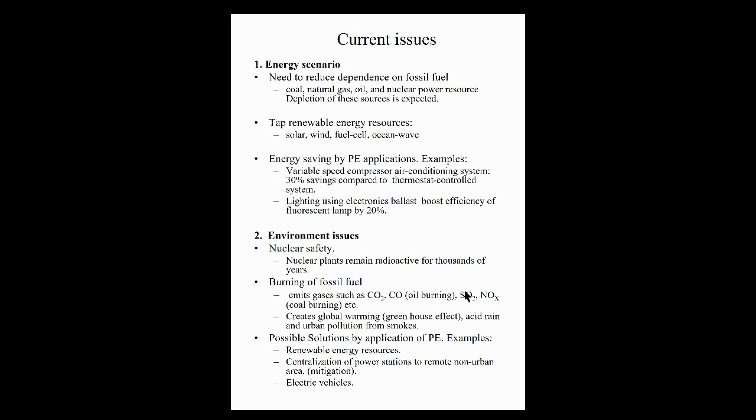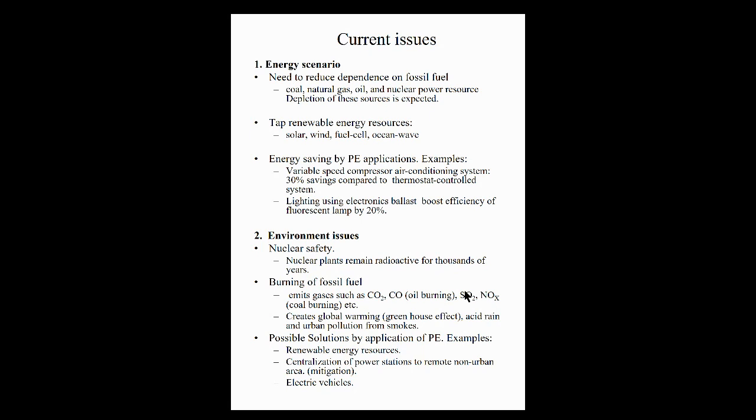With power electronics, you can actually realize a 30% savings when you use the variable speed compressor. Earlier on, I showed that to you as an example of one of the static drive mechanisms that we have in power electronics.